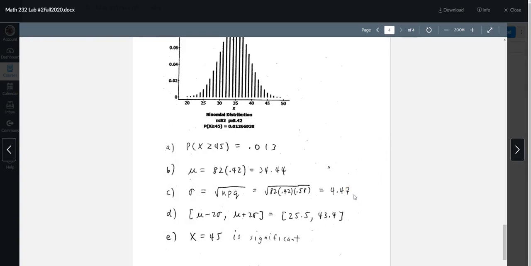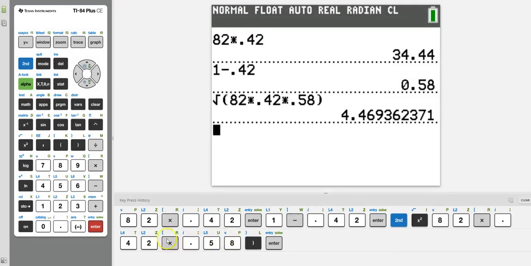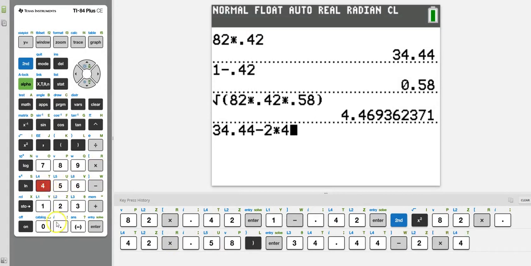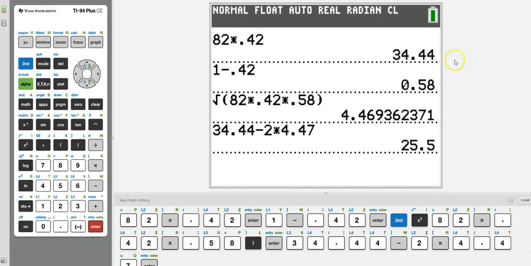And then you want to calculate the range of significant values. The range of non-significant values is 2 standard deviations below and above the mean. The mean was 34.44. The standard deviation was 4.47. So mu minus 2 sigma would be 34.44 minus 2 times 4.47. This is the lower edge. That's the 25.5.